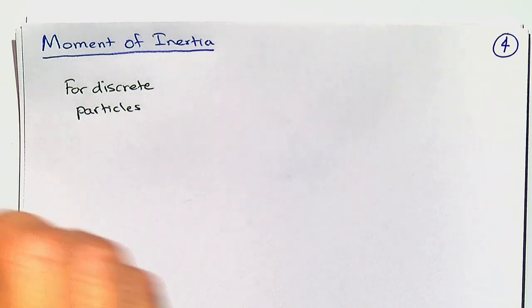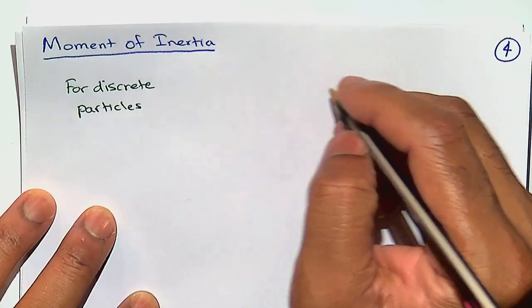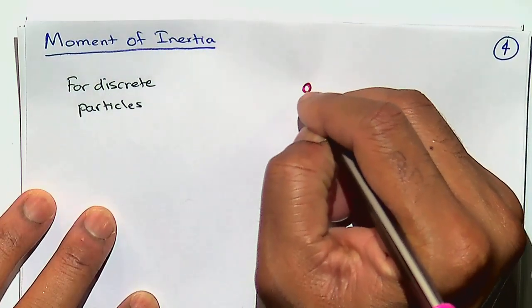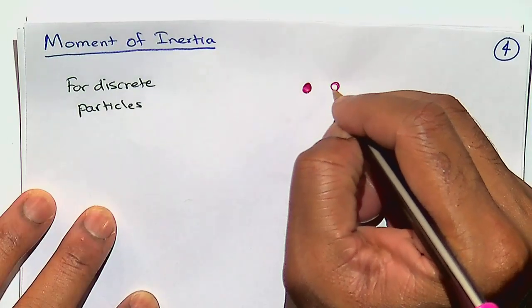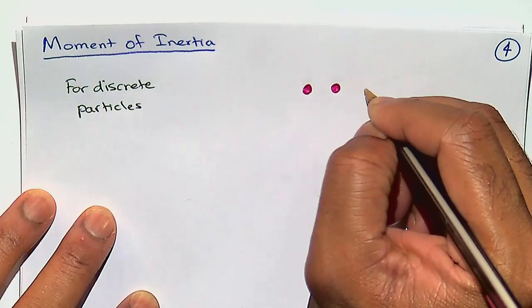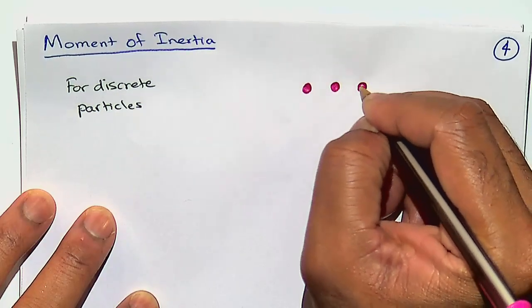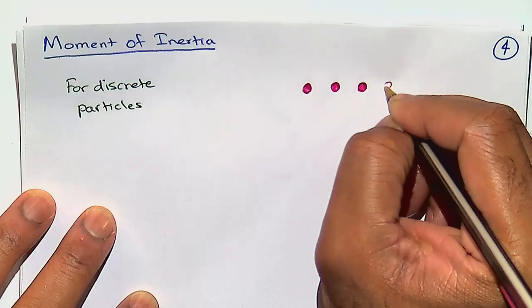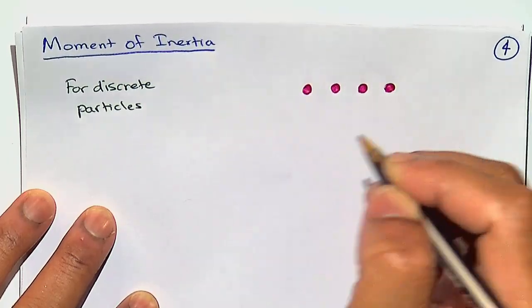So I'm going to start off with a bunch of beads. Imagine you had a bunch of beads that you're connecting with a very, very light string or some sort of metal that is so small that we can ignore it, and we're focused on just the particles themselves.